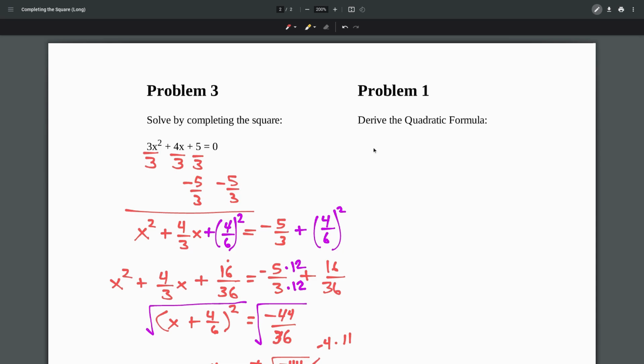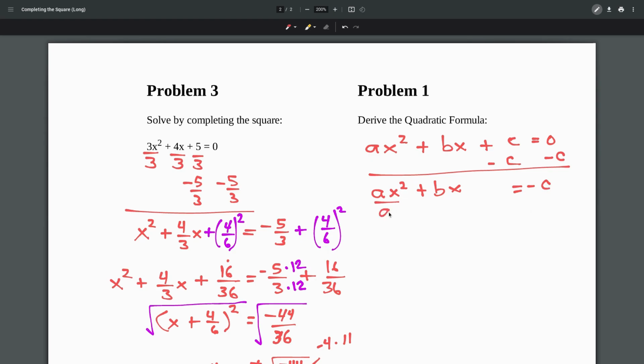So we want to start with a standard equation of a quadratic. So we're going to start with ax squared plus bx plus c, and set that equal to 0. So what I can do is move over the c first, and we'll get ax squared plus bx equals negative c.